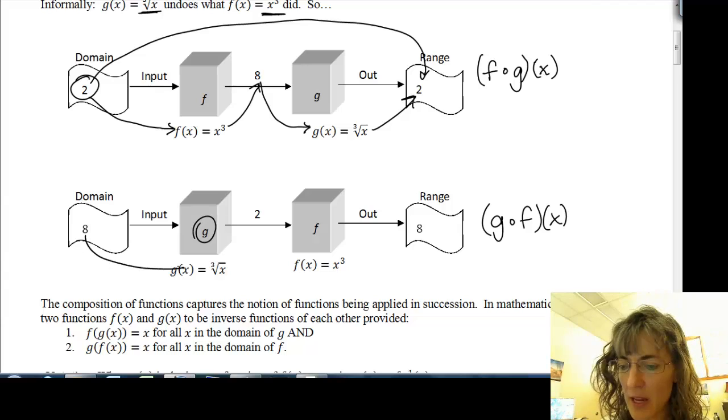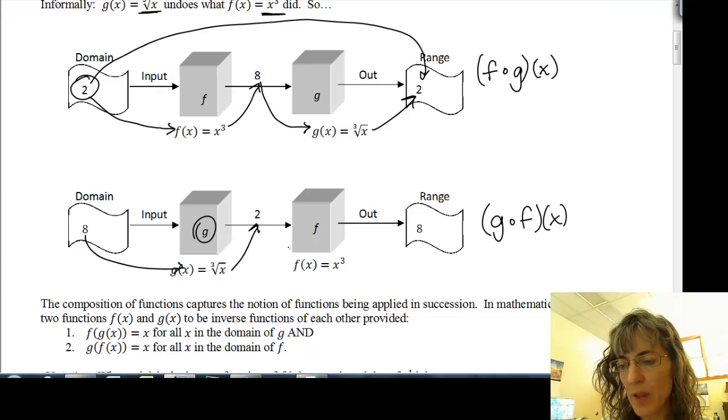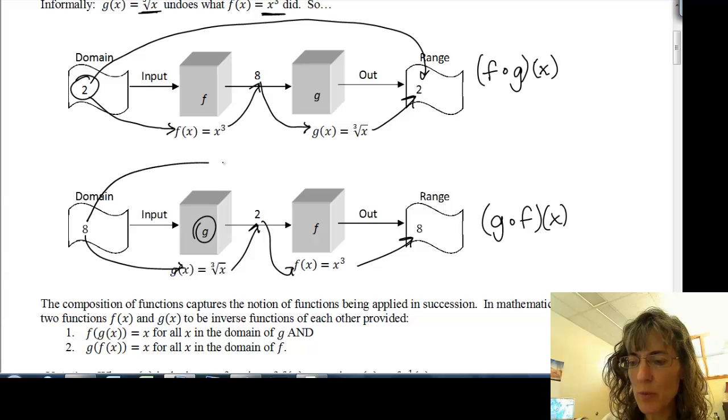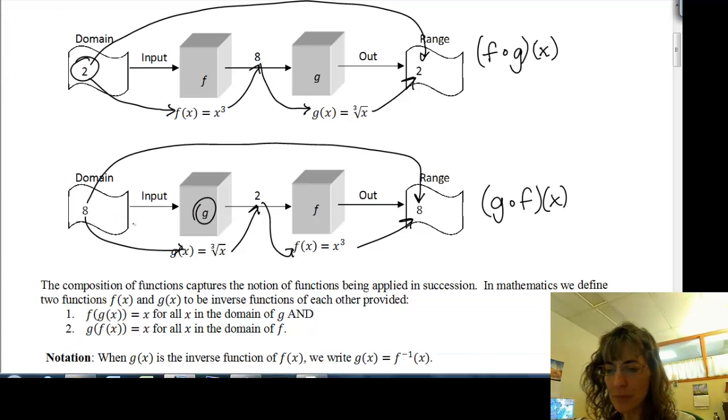So we're taking the 8 and feeding it into the function, so the cube root of 8 is 2, and then feed that into the next function, the f function. So we feed in the 2 and cube it, and we end up with 8. So our initial input is the same thing as our output from the string of the two functions. So when we put them in composition with one another, we end up with what we started with.